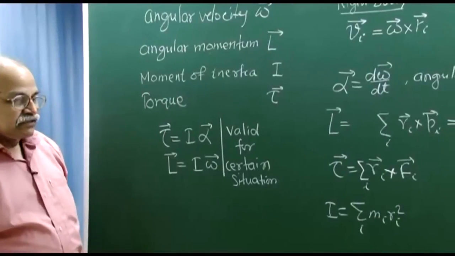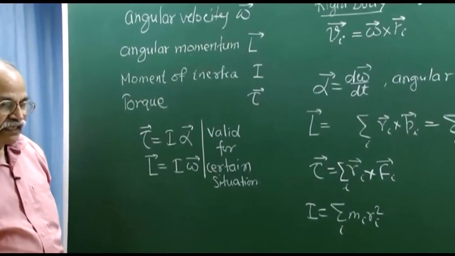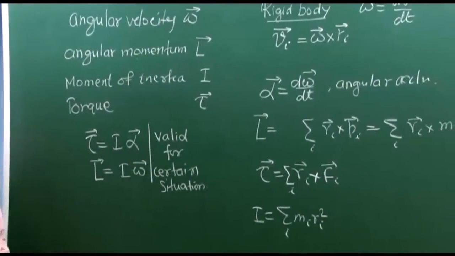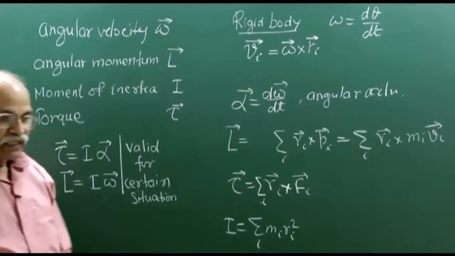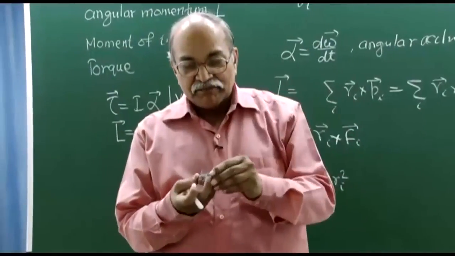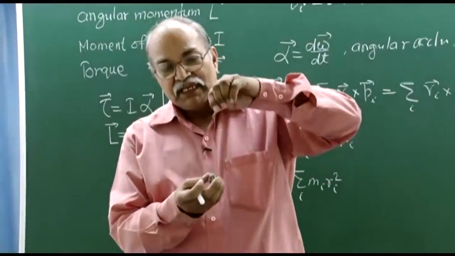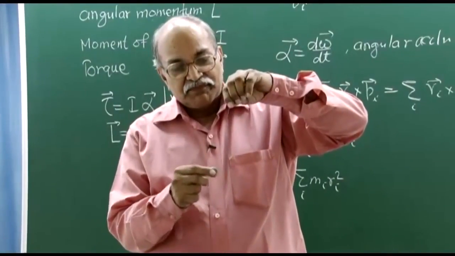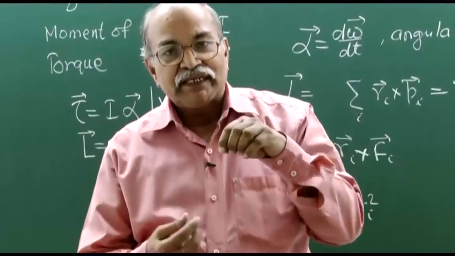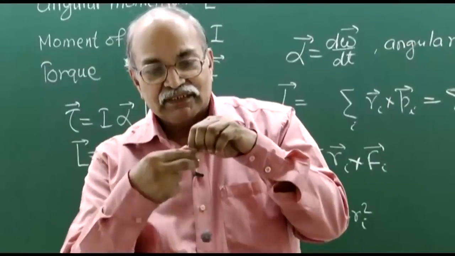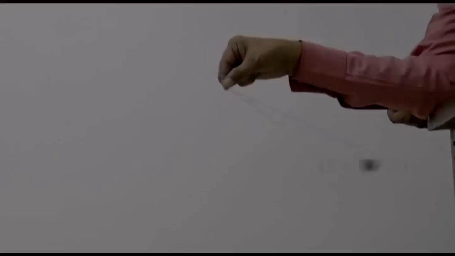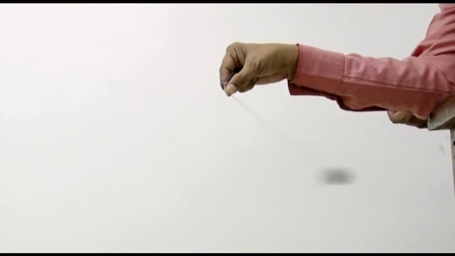So, first let me talk in terms of a conical pendulum and see what these quantities are for that conical pendulum. So, here is a pendulum. If I just move this pendulum like this, it is a simple pendulum, but if I move it in a cone, this thread goes in a cone, it becomes a conical pendulum. So, I am rotating it as a conical pendulum.